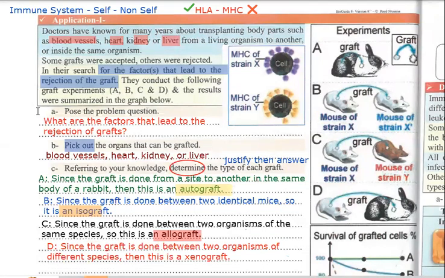A xenograft is done from a pig to a human being, from a mouse to a rabbit, from a dog to a human being.